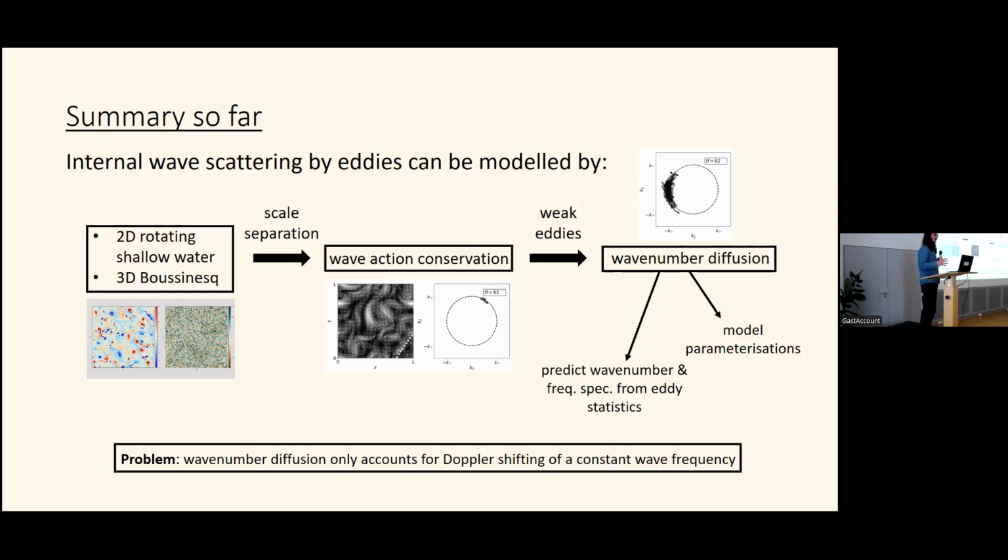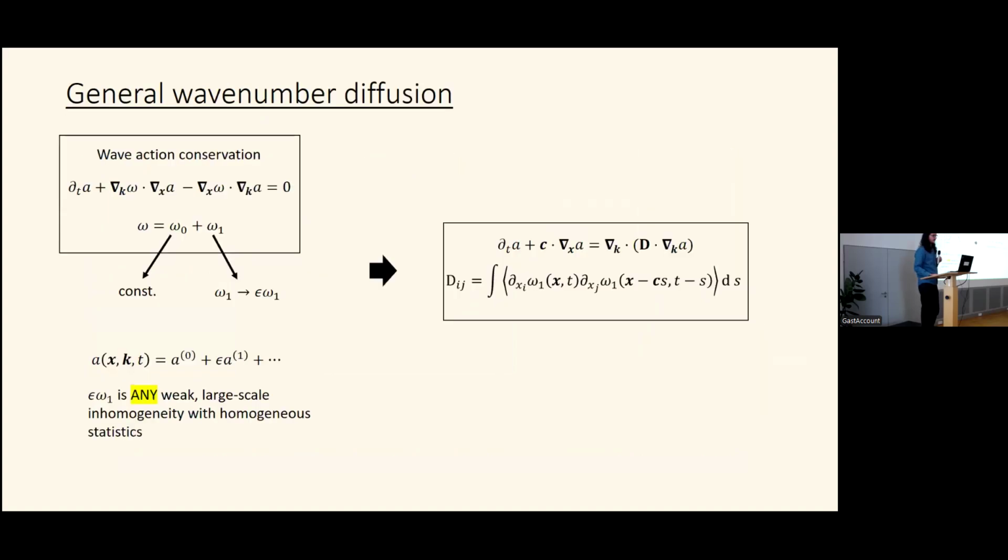So as a start, we can extend the diffusion framework that I showed you a couple of slides before to include any sort of inhomogeneity in the wave frequency. So that's exactly what we do. Our starting point is always wave action conservation, so we're always invoking this scale separation between the waves and the inhomogeneities.